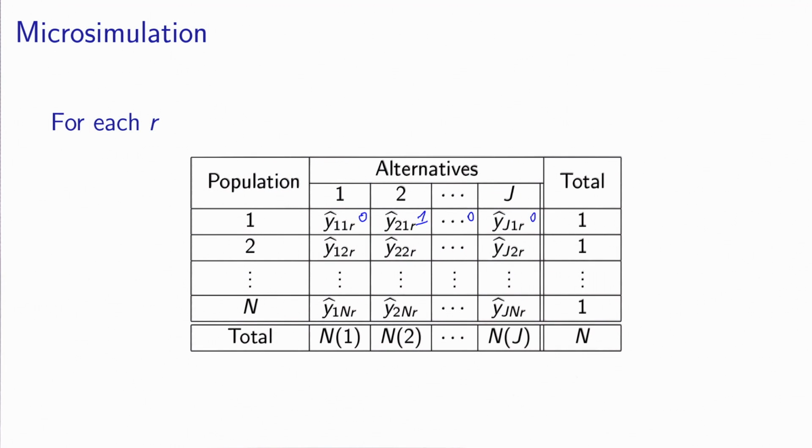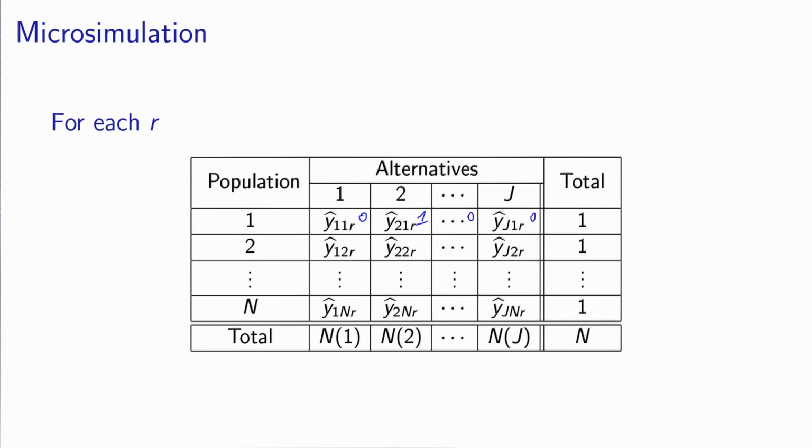Again, the sums have the same interpretation as before. For each row, it will sum up to 1 because only one alternative has been chosen. And for each column, it will calculate the number of people who have selected that alternative for the given r. But the advantage now is that this big table contains a lot of zeros.